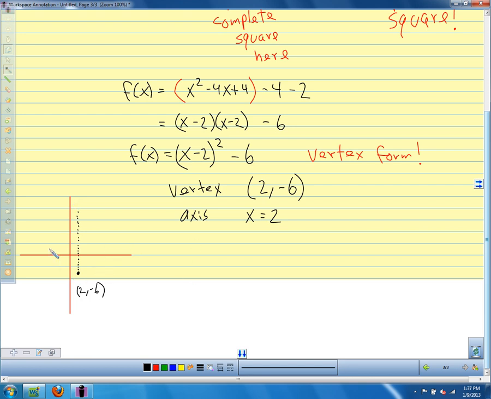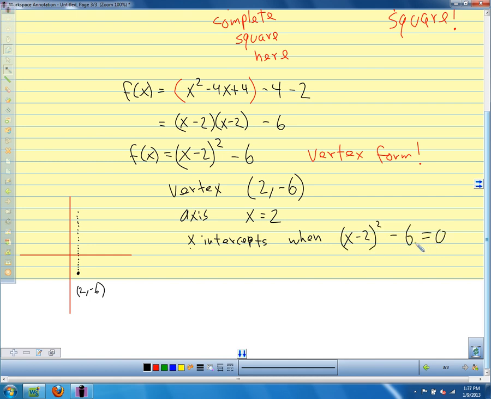We need to know how wide the parabola is to sketch a graph, so we need to know where it hits the x-axis. To figure that out, we just set this equal to 0. The x-intercepts are when x minus 2 squared minus 6 equals 0.